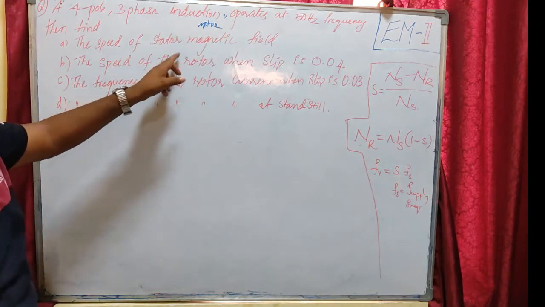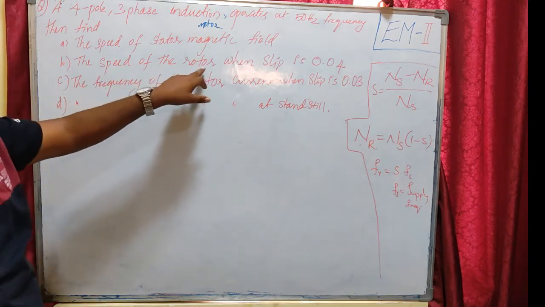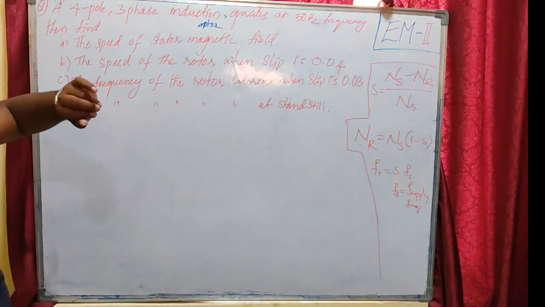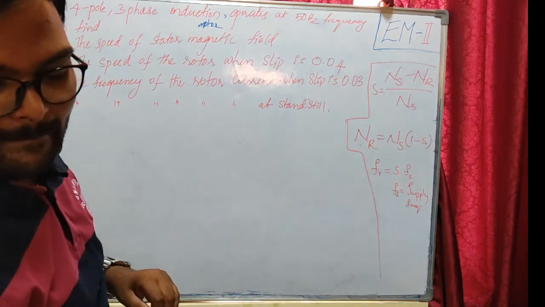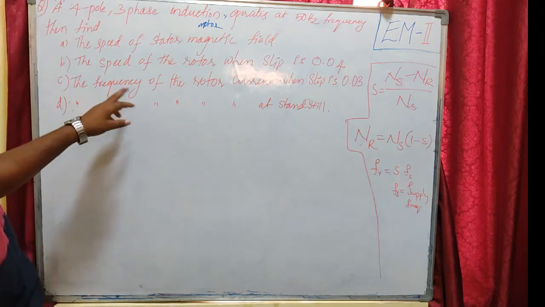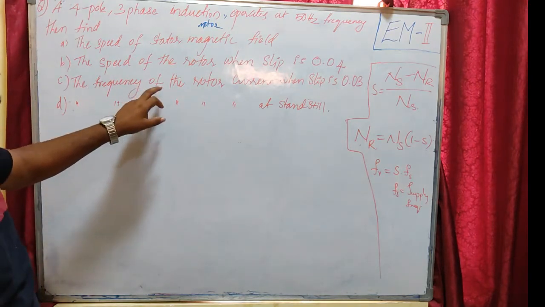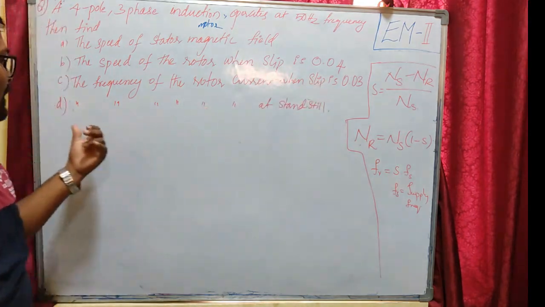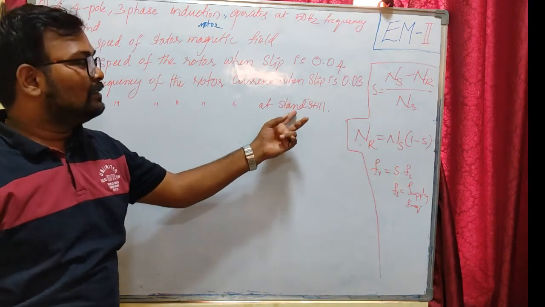Then the speed of the rotor when slip is 0.04. Then the frequency of the rotor current when slip is 0.03. The last one is the frequency of the rotor current at standstill, that means at 0 rotation.